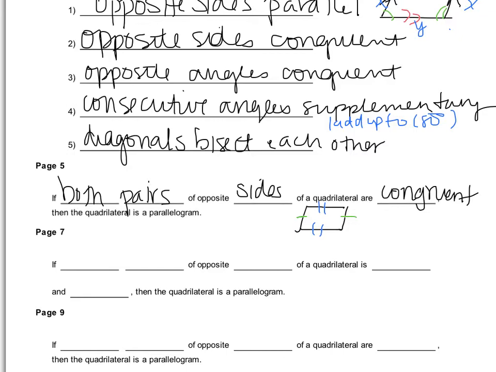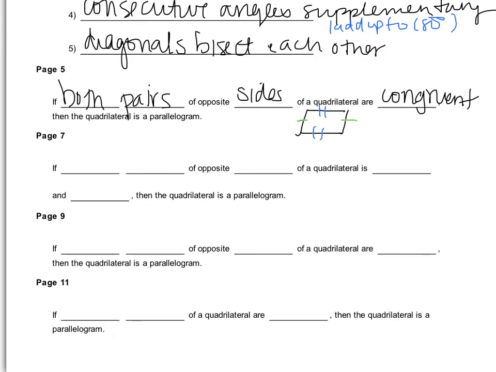So that's one way. The second way to know if it is in fact a parallelogram is that if one pair of opposite sides of a quadrilateral is parallel and congruent, then the quadrilateral is a parallelogram.